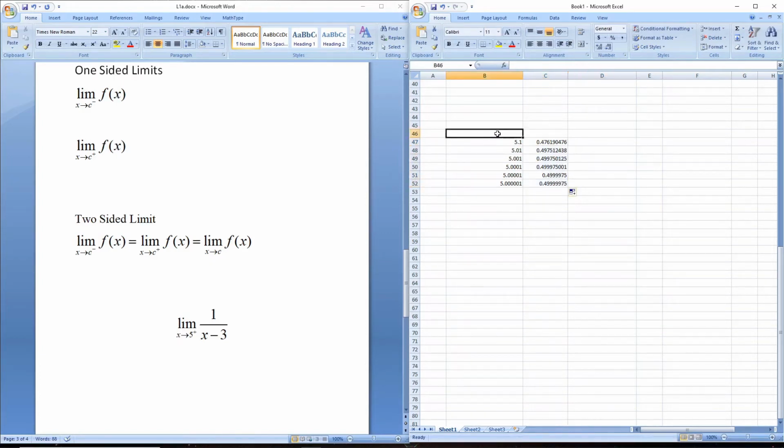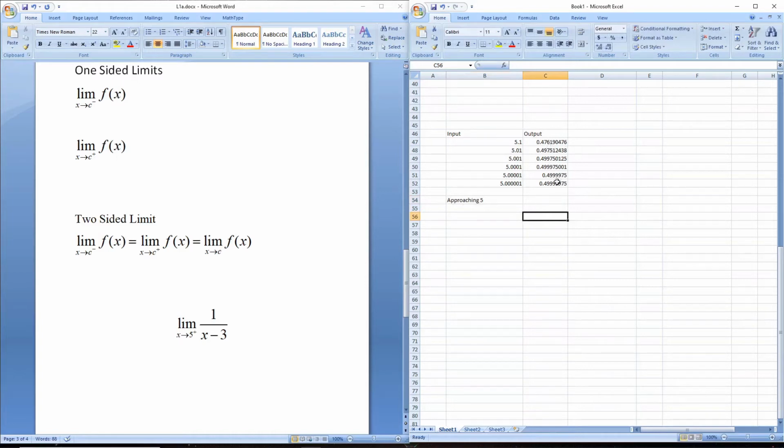So, if we look at our input, we can see we are approaching 5 because we chose it that way. And now we observe what the function is doing.